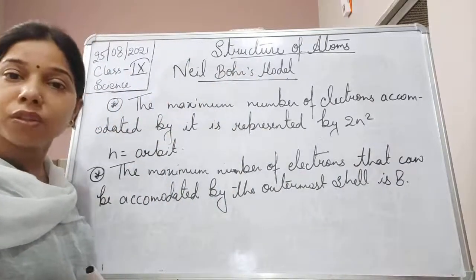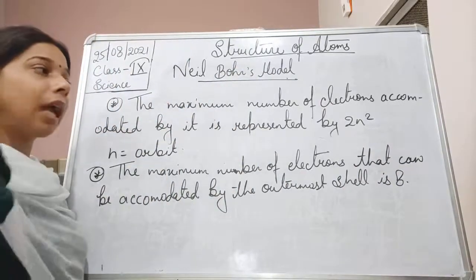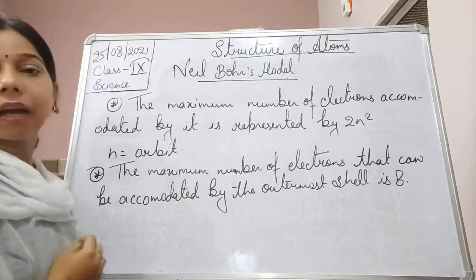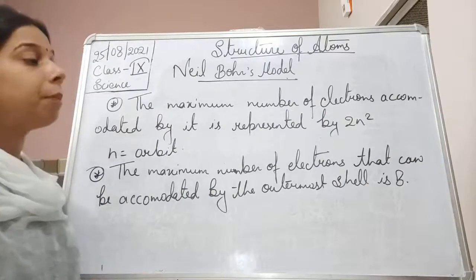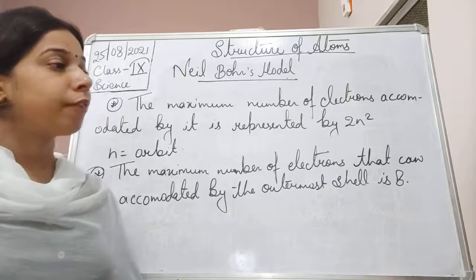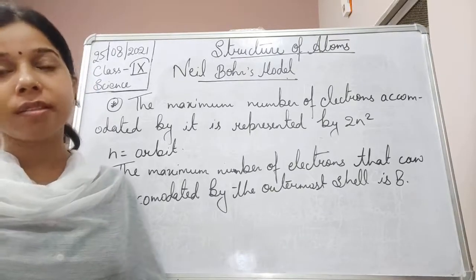The number of electrons that can be accommodated by an orbit can be 2, 8, 18 and 32. But the maximum number of electrons accommodated by an outermost shell is 8 only.